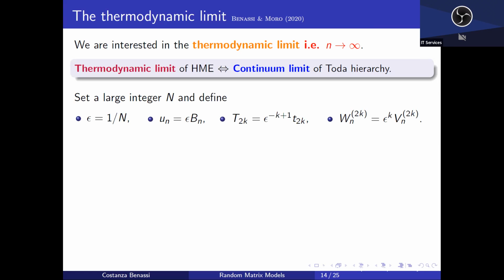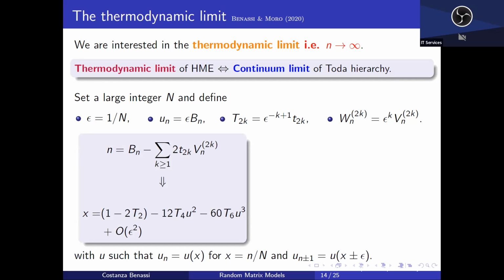We set a large integer, capital N, which basically defines our scale, and epsilon will be 1 over N, and then rescale everything appropriately. So I'm going to define U_N, which is a rescaled order parameter. Capital T are just rescaled times, and so on.